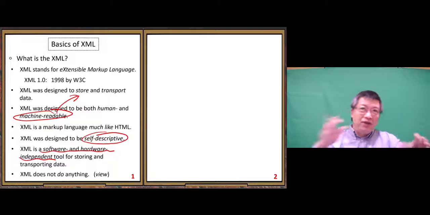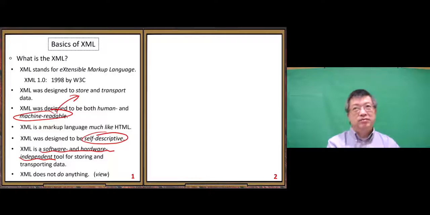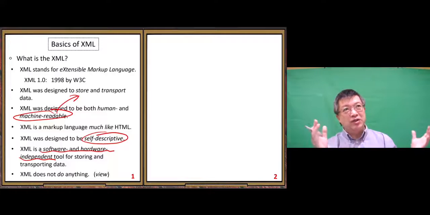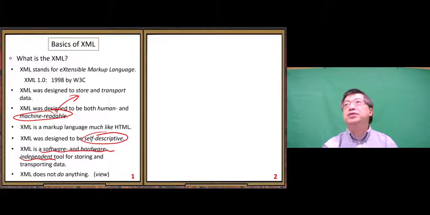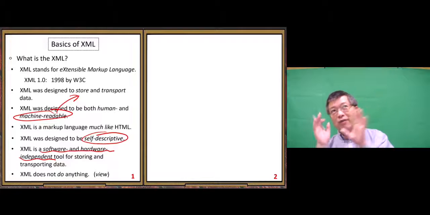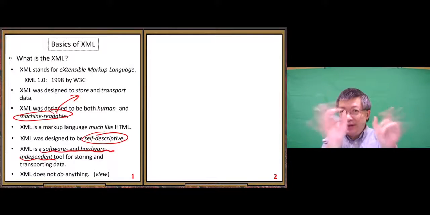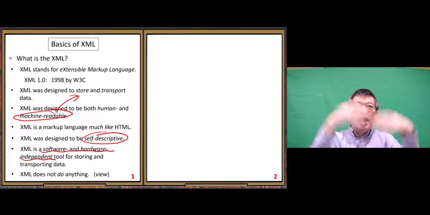When we say one sentence, we can look at it from many different views. That's human language. People can understand from all different angles. Here, from one particular angle, people can understand it like this: XML does not do anything.